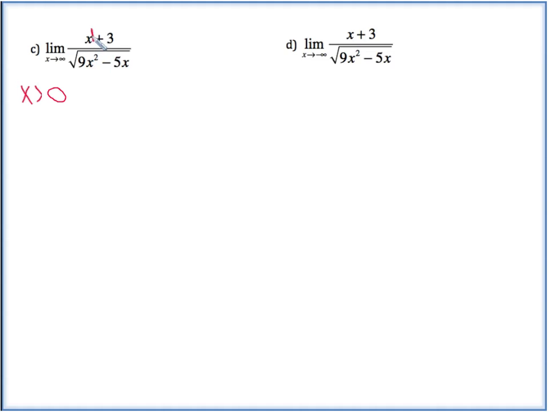And when the exponents are the same, we have DC, or divide coefficients. So here the coefficients are 1 and the square root of 9. And so this limit really is 1 over the square root of 9, which is 1/3.